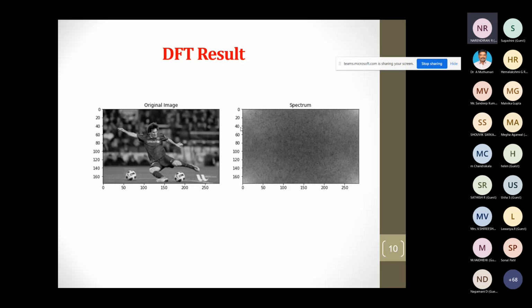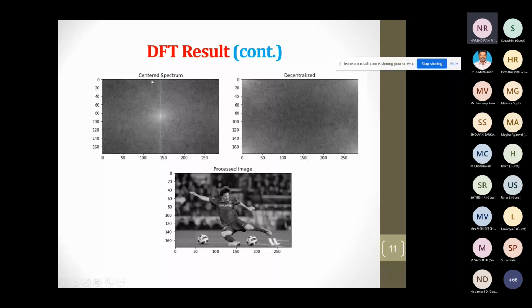I want to move this spectrum to the center. That is why I have applied the centering, making it a centered spectrum. In that centered spectrum you can see a white dot, a light present inside the image. Around it, more whiter pixels are available now.